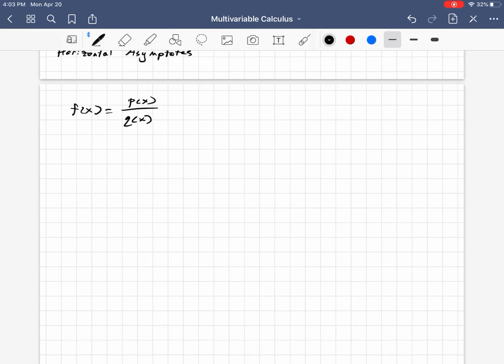Now we know for sure that the function approaches that value, and your Algebra 2 teacher was right because of this calculus here. The calculus tells you that that's why the horizontal asymptote is what it is.